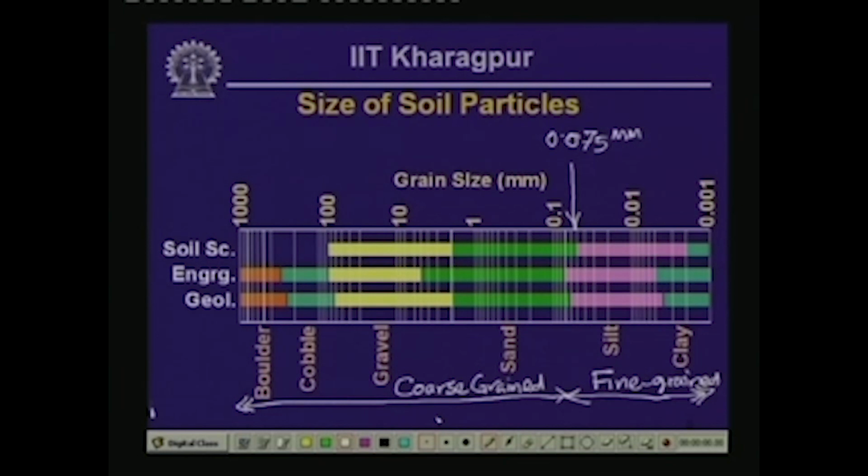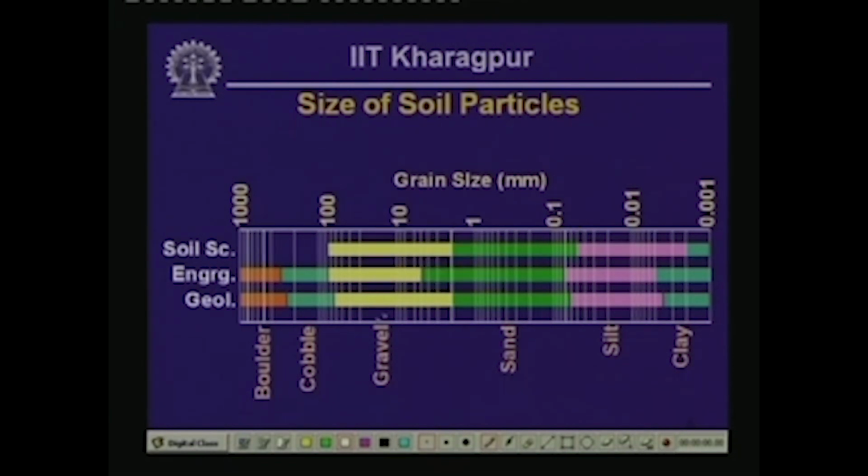All those different ranges used in soil science, engineering or geology are shown using 3 stacked bar charts on this plot. So, carefully have a look at the range of particle sizes that these different professions would categorize as boulder, cobble, gravel, sand, silt or clay. Have a careful look at these charts.